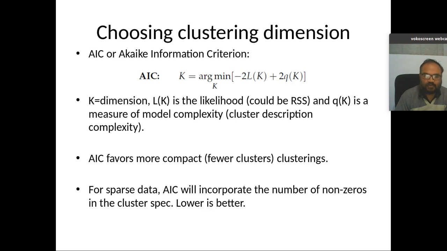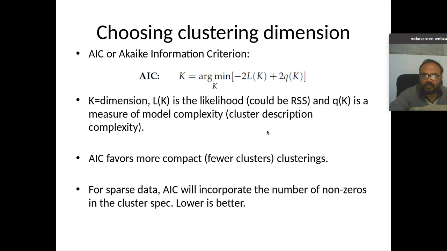A very crucial parameter of the k-means clustering is the value k. Because we do not have distinct labels or groups, how many groups we need the data to be divided into is very crucial in this case. So we can choose k by using some criteria. The Akaike information criterion is widely used for that, which is basically a function of the likelihood, which could be the residual sum of squares, which could be used as quality of the cluster, and Q(k), which is a measure of the model complexity.